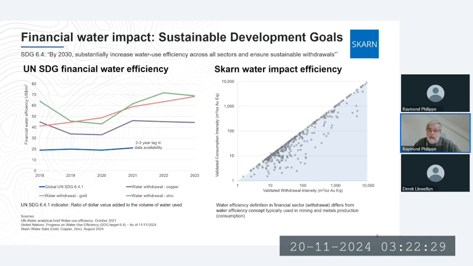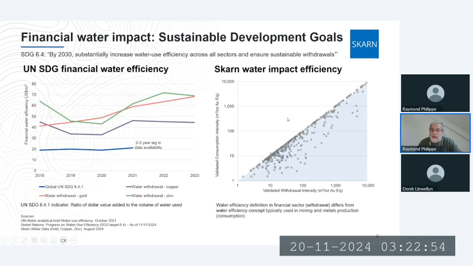In the graph on the right, the diagonal line relates to those mining operations, in this case gold operations, that have zero liquid discharge. So all the water that they withdraw, effectively they are consuming; they're not discharging to the environment.